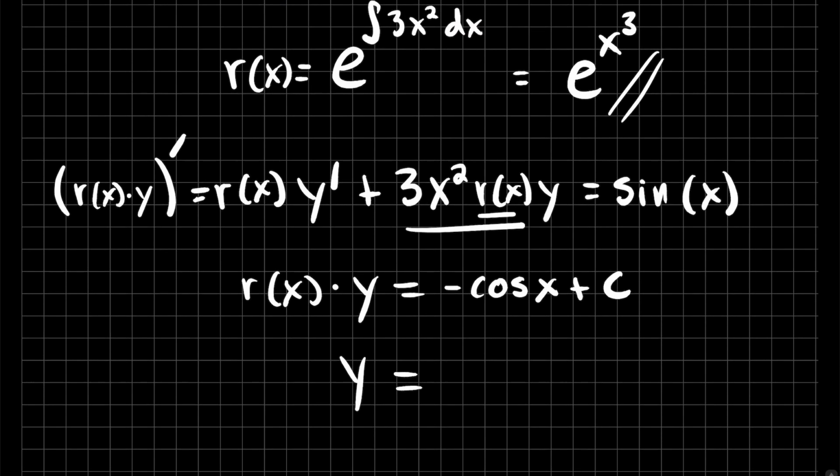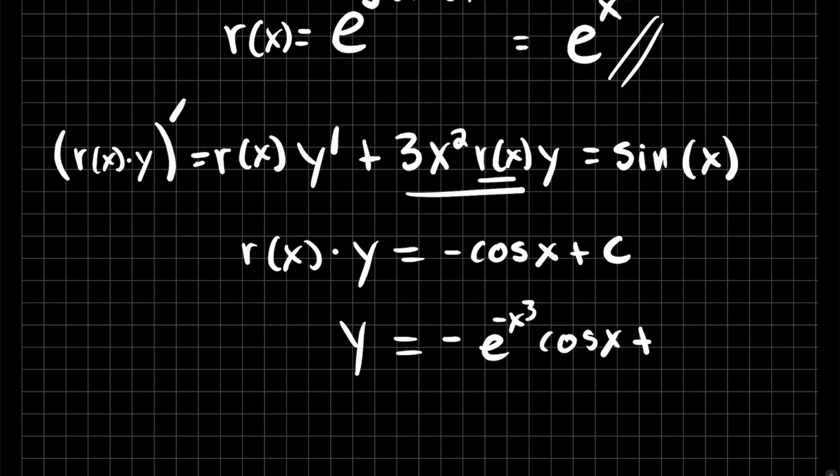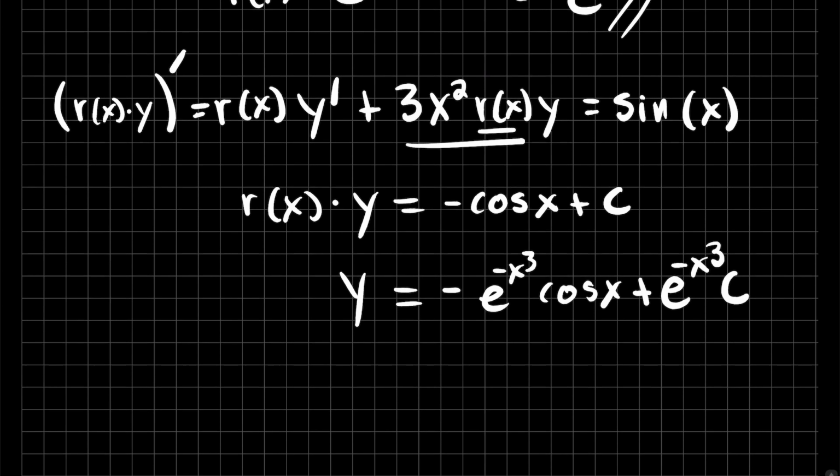And r of x was e to the x to the 3, so then what we get here is going to be negative e to the negative x to the 3 cosine of x plus e to the negative x to the 3 times the constant.